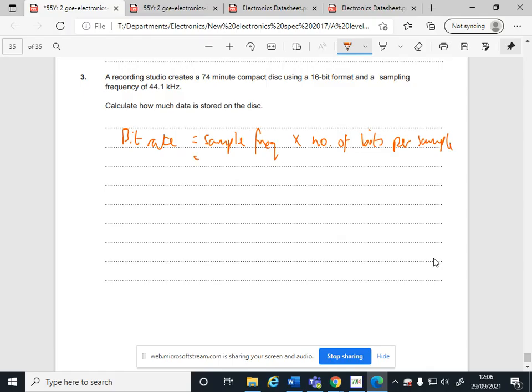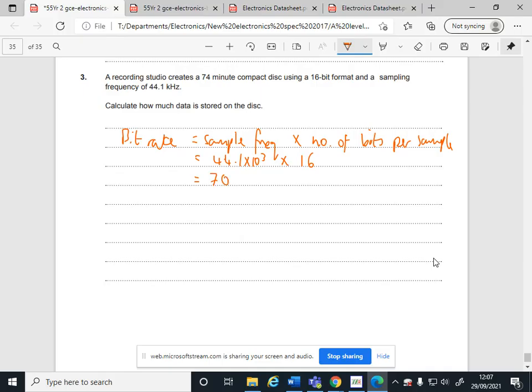So in this particular case, it's 44.1 times 10 to the 3 multiplied by 16. Okay, I'll convert back into kilo.